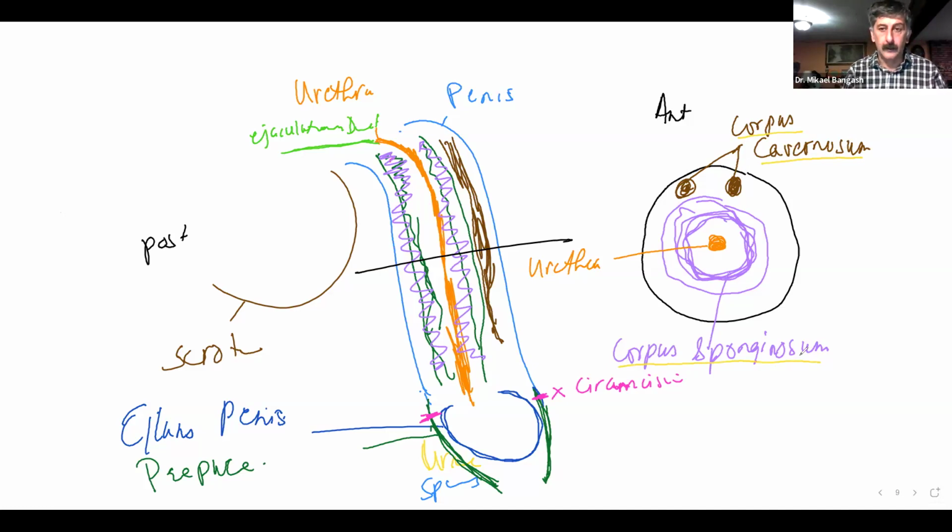They mainly are muscles. But it's actually due to the presence of these three bodies here, these three muscular bodies in the penis, that enables the penis to erect.